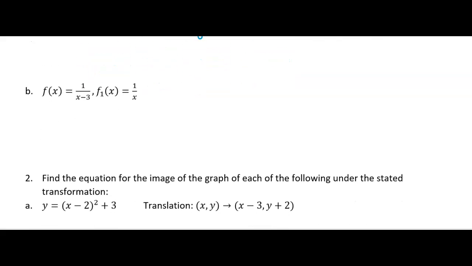But for question B, we've got a hyperbola. So this first one, we've got a hyperbola, I can see, and it's been shifted to the right 3, but it's got to go back to 1 over x. Okay, so we're not starting with the basic one and going to a transformed one. We're starting with a transformed one and we're going back.